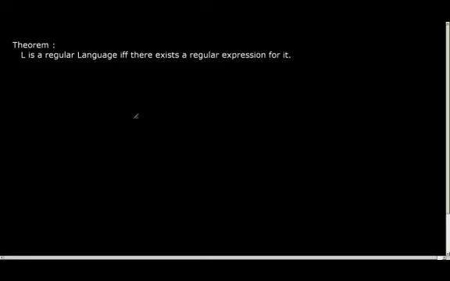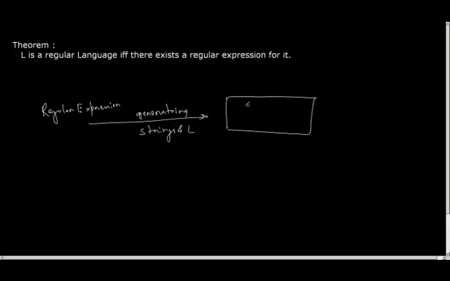We can view this as follows: there is a regular expression which is a generator, generating strings of L, and those strings are getting accepted by a DFA, NFA or epsilon NFA, because all these are interrelated.